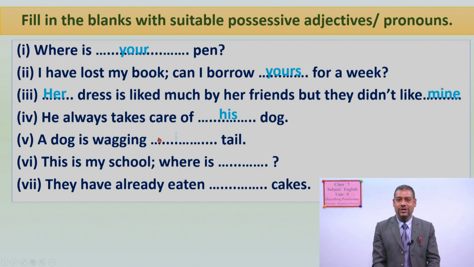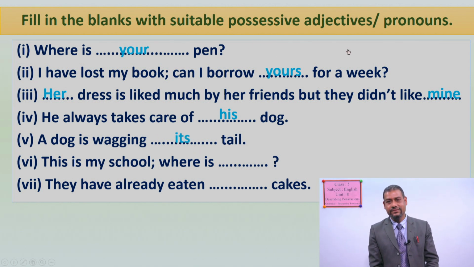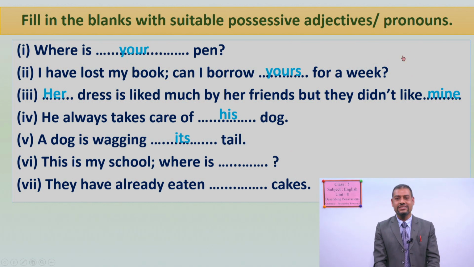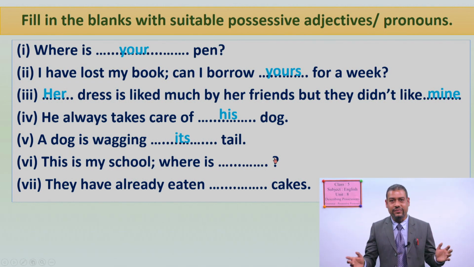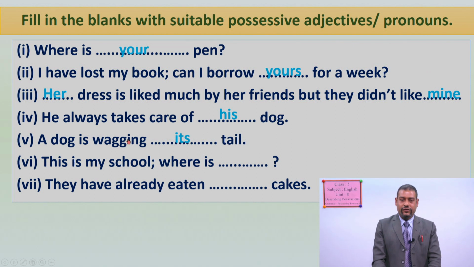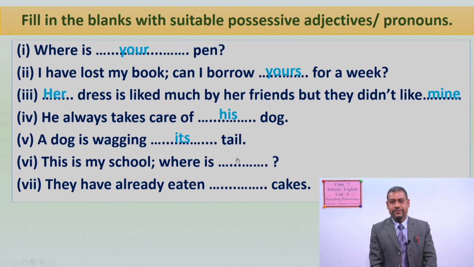Now the word is its. So it is a possessive adjective, and sometimes it can be a possessive pronoun. If you write only a dog is wagging its, then it won't be complete. So after its, we use tail, a naming word.